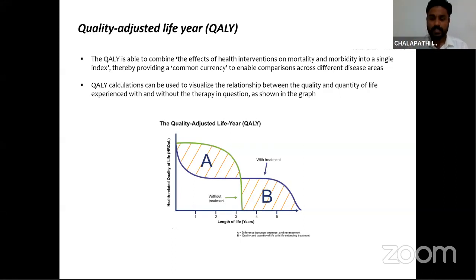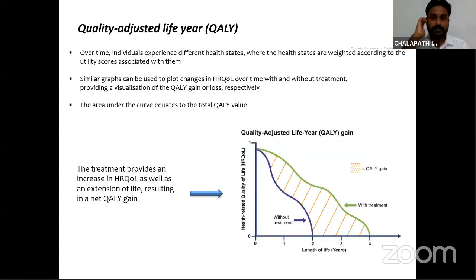Second concept: if I give an intervention, you can see that both lines are starting from almost 1. Suppose it is 0.9. So there is no difference. There is no compromise whether you choose option 1 or option 2. There is no compromise in his quality of life, that means his utility score. If you give intervention A or intervention B, his quality of life is the same.